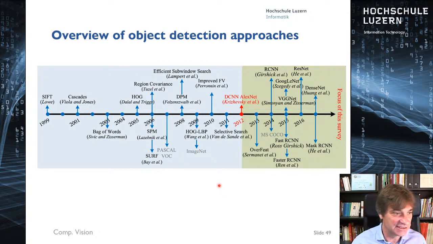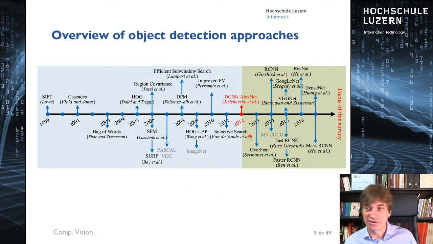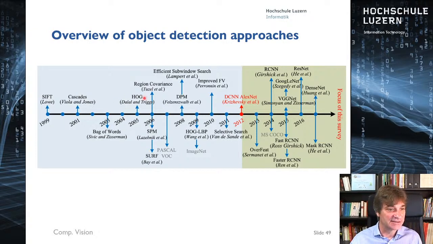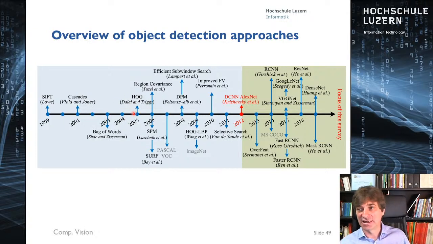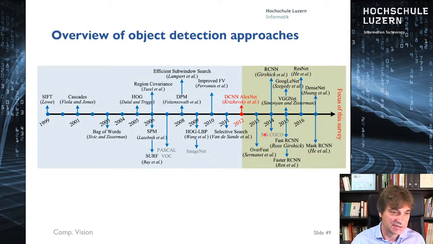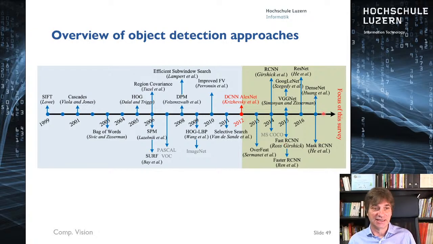For this history timeline of detection approaches, we looked at some early ones like the face detector of Viola and Jones, and the HOG detectors here, and then the more modern ones, where the first one to use a neural network was OverFeat, and then we have the Fast and Faster R-CNN, and then later the SSD and the YOLO approaches here.